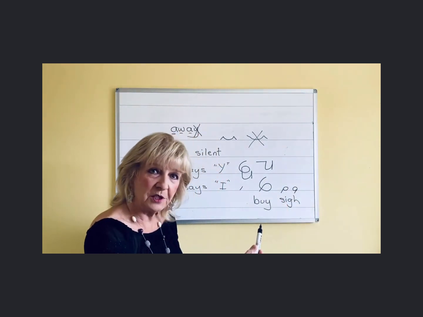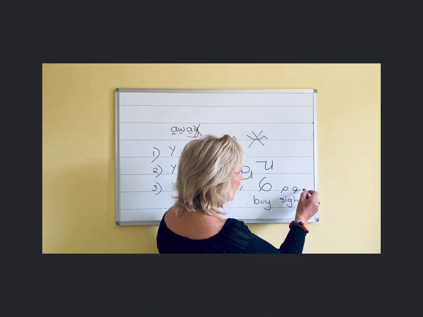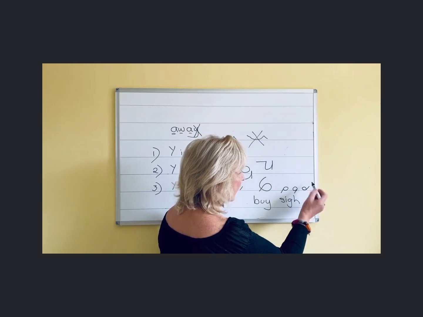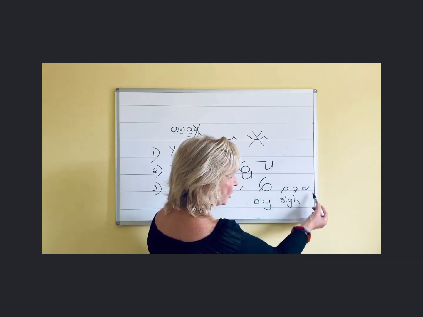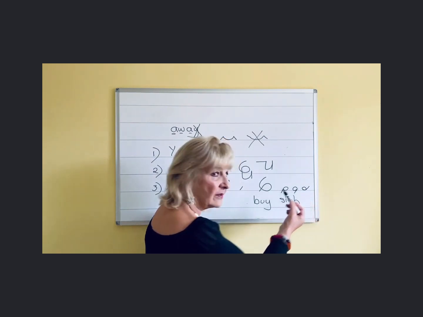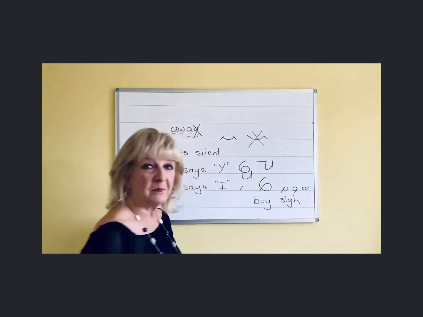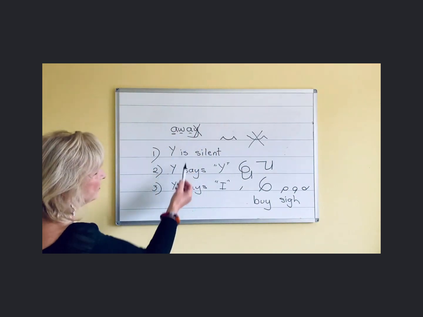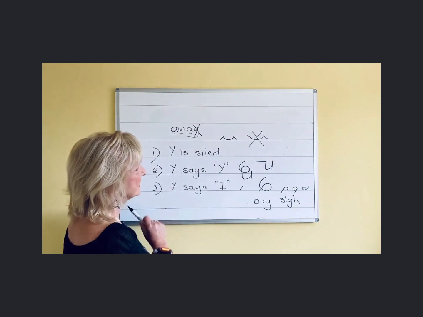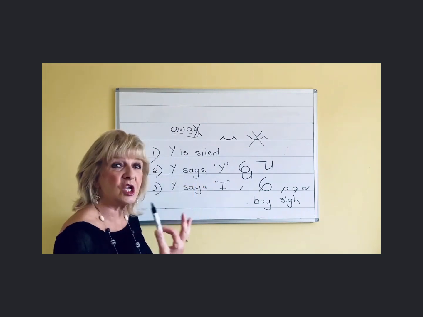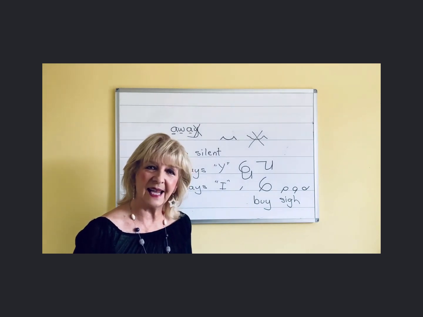So the S goes at the top and then the I. If you did the S first and then the I, you may read that back as is, because if we're reading from top to bottom, we read the I first and then the S. So top to bottom, left to right when we're transcribing. So those three things need to be considered then. When Y is silent, when Y says y, and when Y says I, using that I indicator.